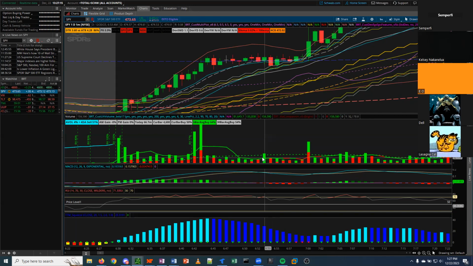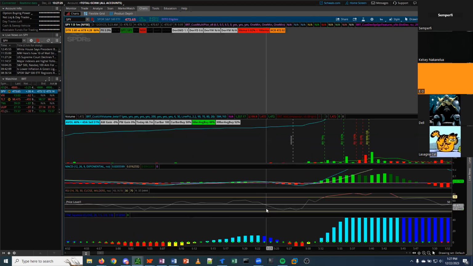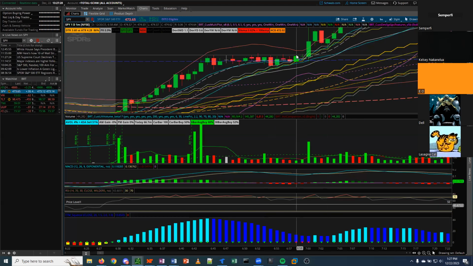The volume doesn't add up, right? It doesn't make sense. Shouldn't this red volume bar be bigger than this green volume bar just by correlating the candles? It should. But that's telling you the buyers are going to squeeze it up. I remember Lasagna Cat would ask, how do you know it's going to squeeze?